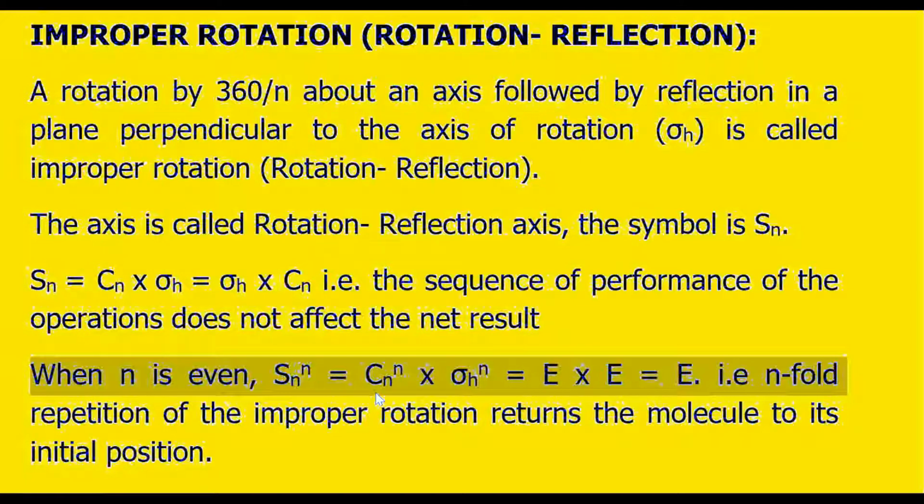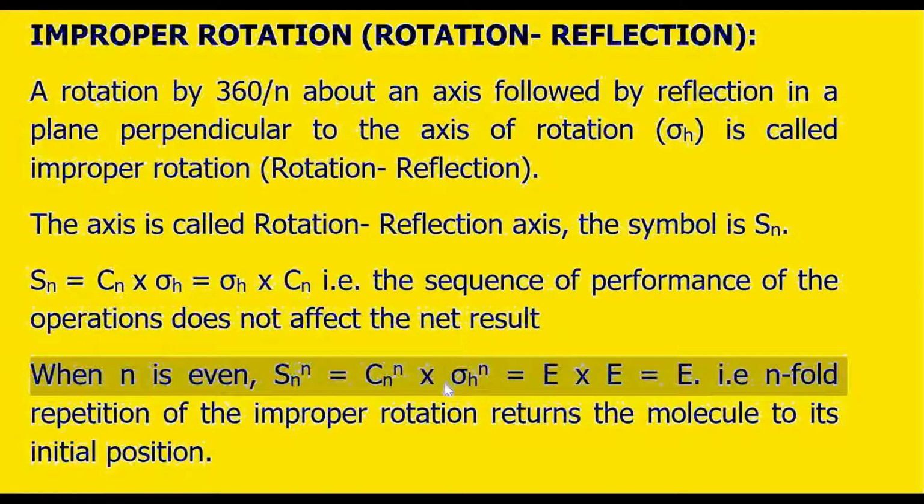In the same way, C3 cubed is always equal to E. Check the ammonia molecule. In the same way, C6 raised to 6 is equal to E. If you perform the C6 operation 6 times, then you will come back to the original appearance with the original number of the atoms. So, in general, you will be able to say that Cn raised to n is always equal to E.